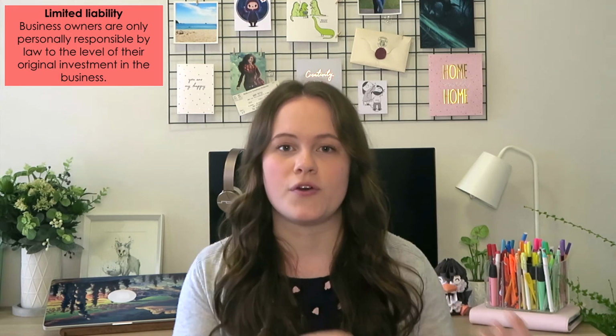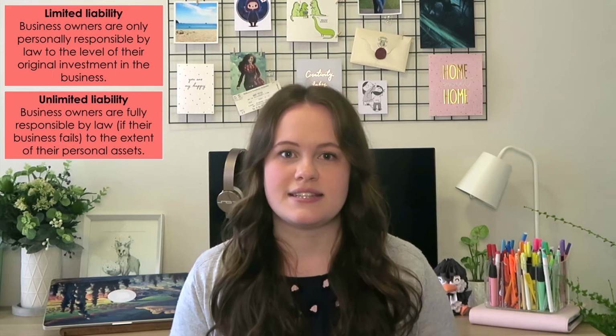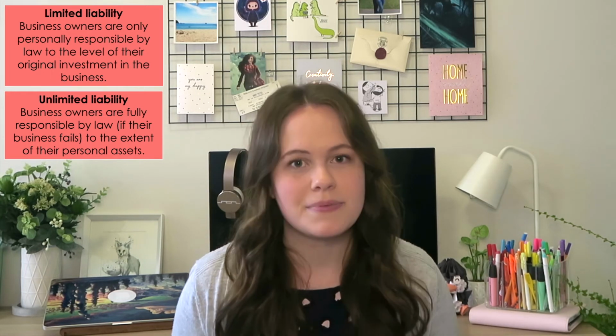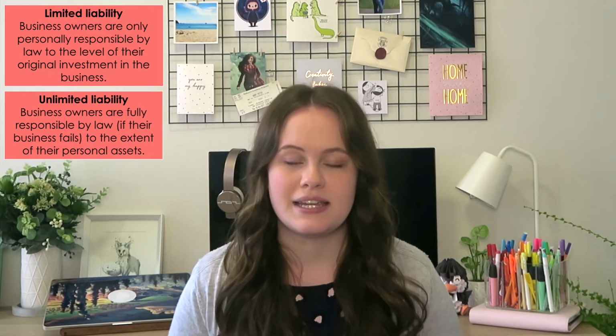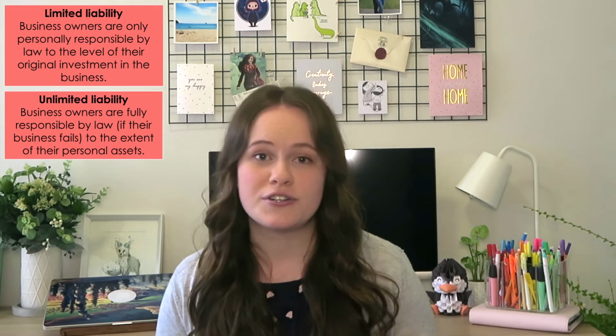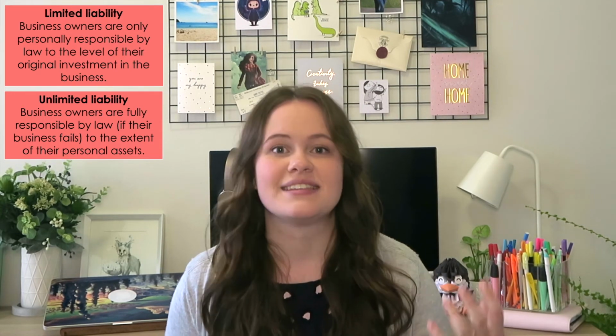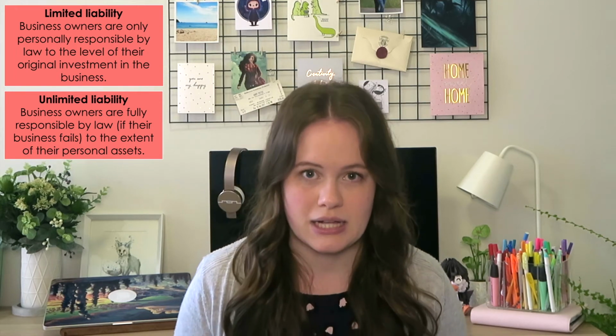When using the terms limited and unlimited liability, it's really important that you actually say what those terms mean for the owner of the business. So when you're finishing your sentence and you're saying private companies experience limited liability, which means that the owner's personal assets are not threatened by the financial stability of the company. Without finishing that, raising the point that it has limited liability will not earn you a mark.